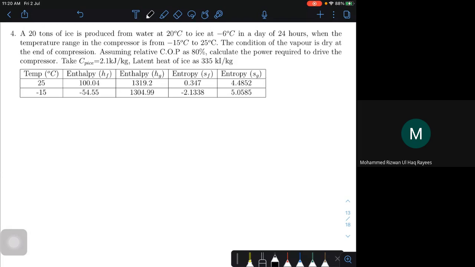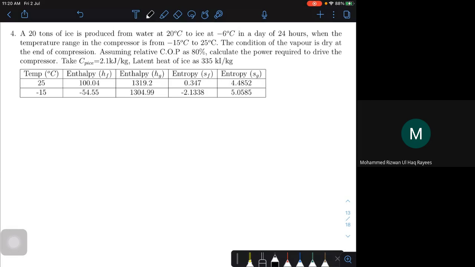Now let us look into this particular problem. 20 tons of ice is produced in a day of 24 hours from water at 20 degrees Celsius to ice at minus 6 degrees Celsius, when the temperature range in the compressor is from minus 15 to 25 degrees Celsius.